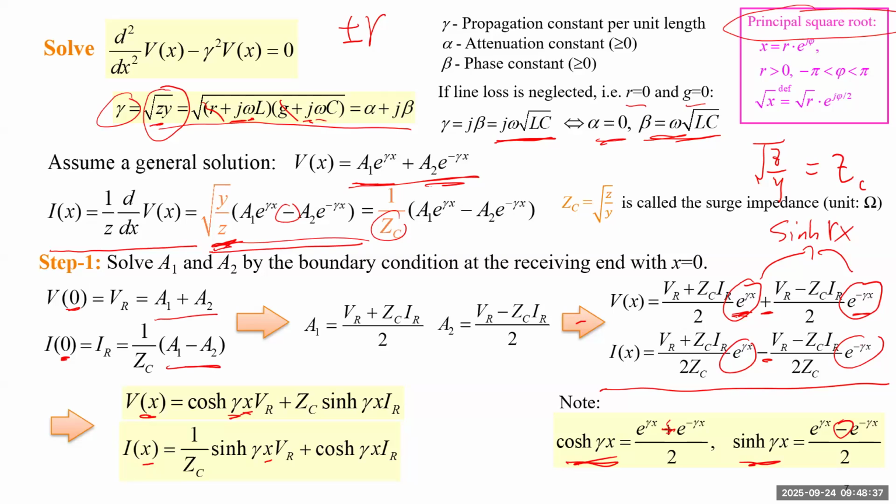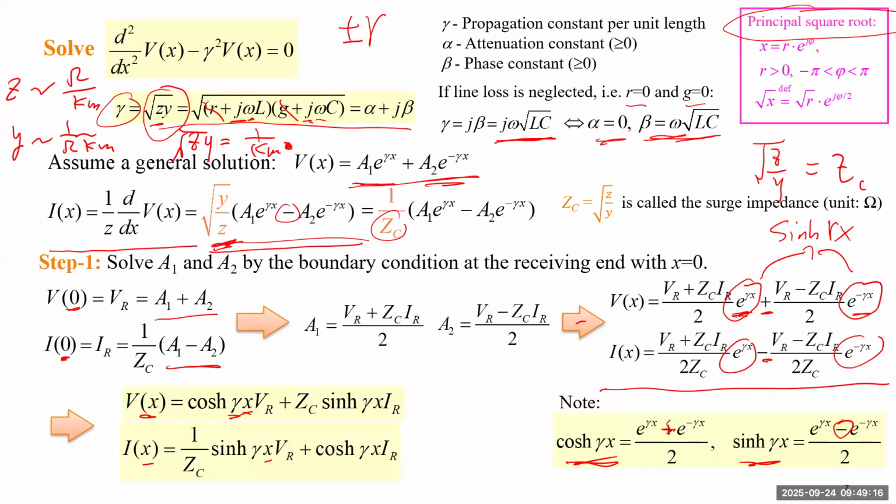So z, the lowercase z, has the unit ohm, right? If we use kilometer, it will be ohm per kilometer. And the y is the admittance, which is the reciprocal of ohm, or mho, or whatever unit, just 1 over ohm, and per kilometer. So z multiplied by y will be 1 over kilometer squared. Then the square root will be just 1 over kilometer.